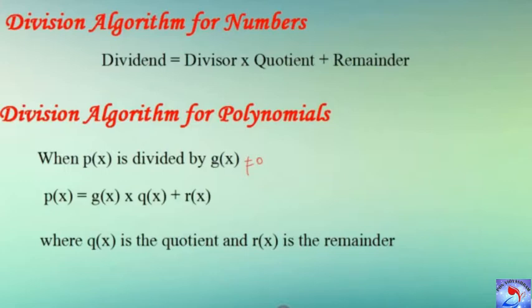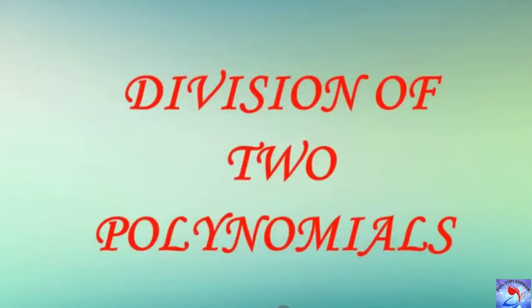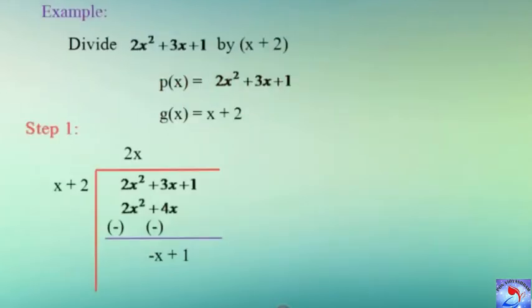Let's get into this after we see how to divide two polynomials, because the entire division algorithm depends upon dividing two polynomials. Let's learn how to divide two polynomials and then come back to the further discussion on the division algorithm for polynomials.